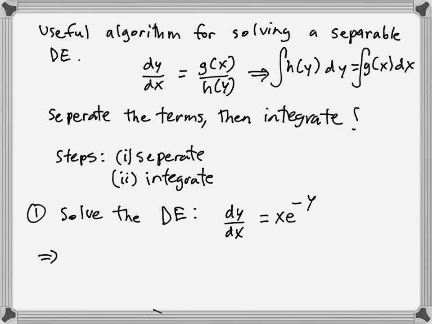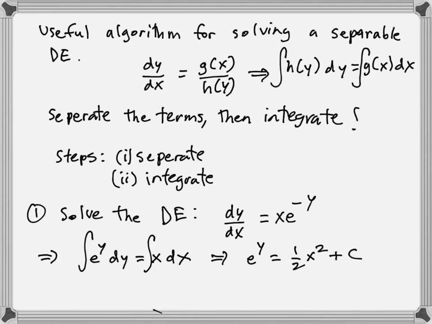We get e to the y dy is equal to x dx. What I've done is just multiplied both sides by e to the y and also multiplied by dx. And notice that we were able to separate the two functions. So if we integrate both sides, what does this become? The left becomes e to the y, and the right becomes 1/2 x squared plus c. And this is our solution.